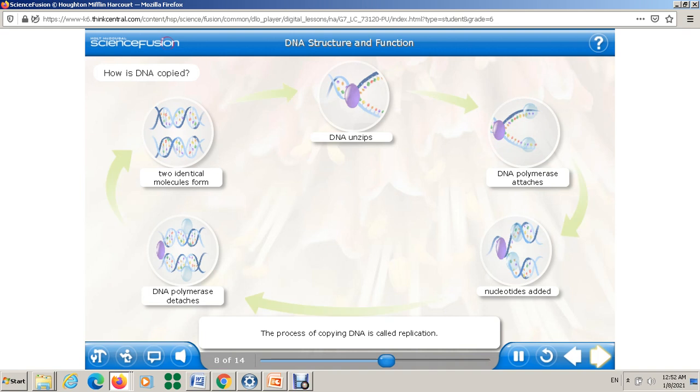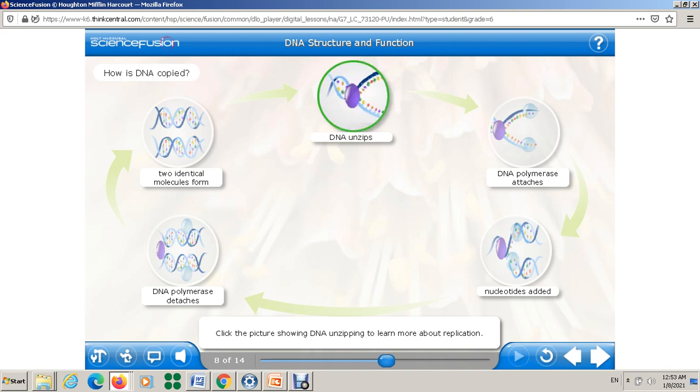The process of copying DNA is called replication. During replication, DNA produces two identical copies of itself. Click the picture showing DNA unzipping to learn more about replication.